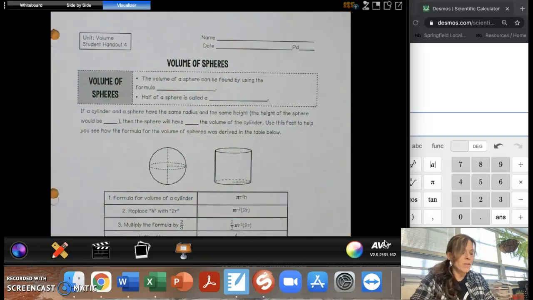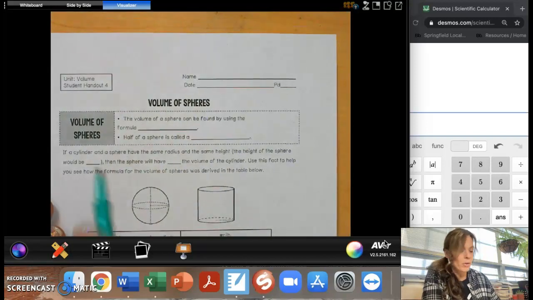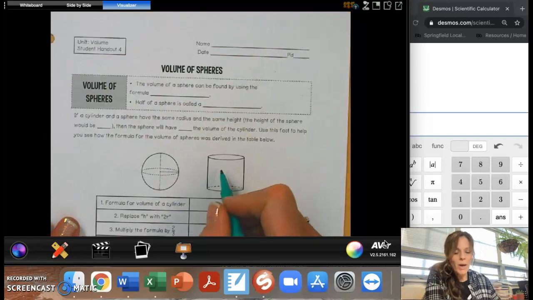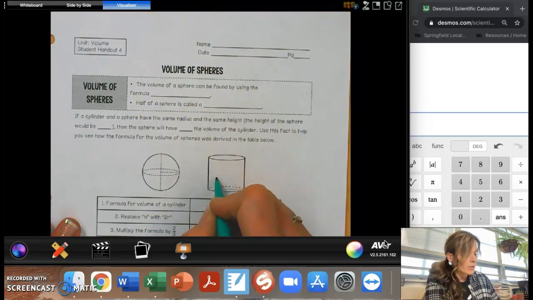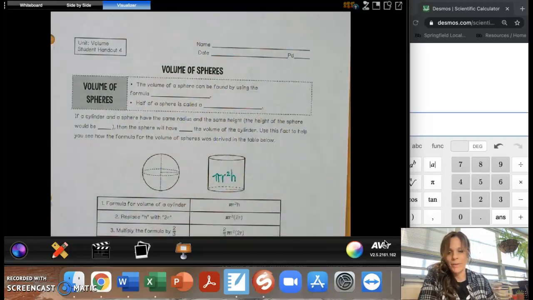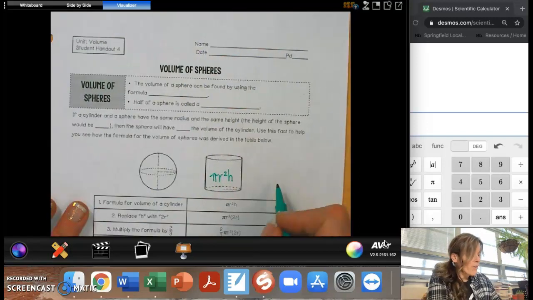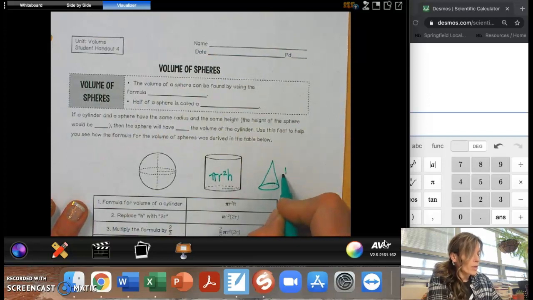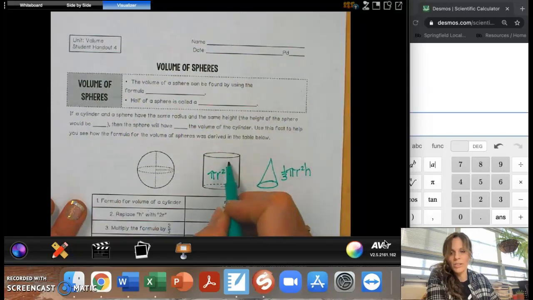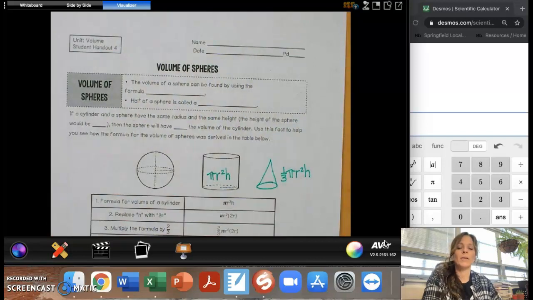So the volume of a sphere, well, first of all, let's go back and refresh our memory. The volume of a cylinder was pi times the radius squared times the height. The volume of a cone is 1/3 pi times the radius squared times the height, because it took 3 of these cones to fill this one cylinder.